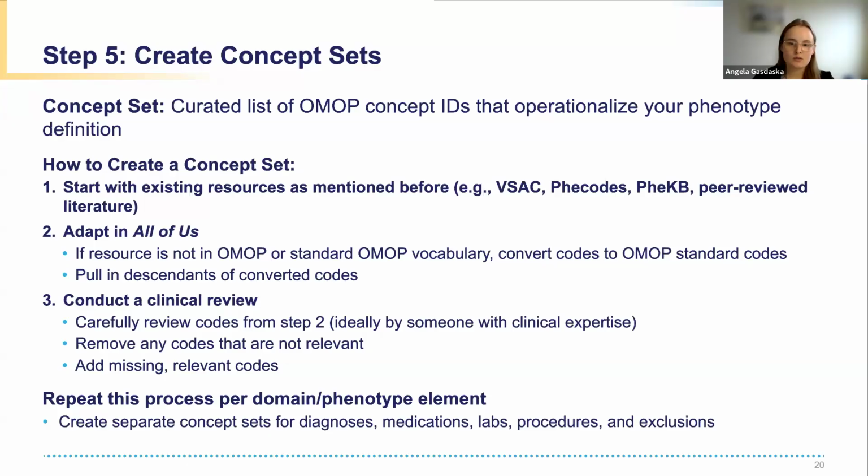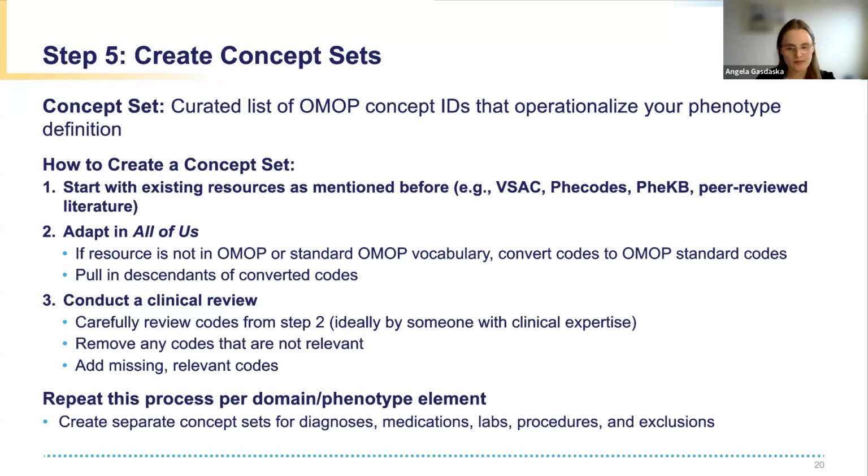So you need to carefully review all the codes that you included. Ideally, this should be done with somebody that has clinical expertise. And here you're removing any codes that aren't relevant and adding any relevant codes that might have been missed. And then this process is repeated for each domain or phenotype element in your study.